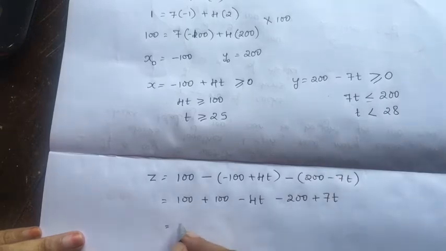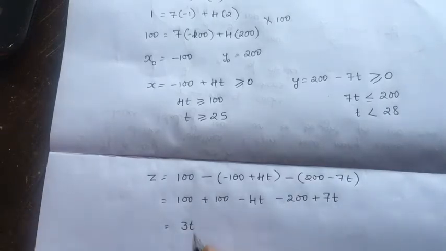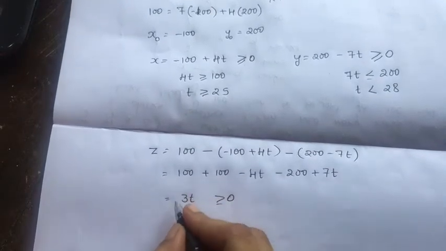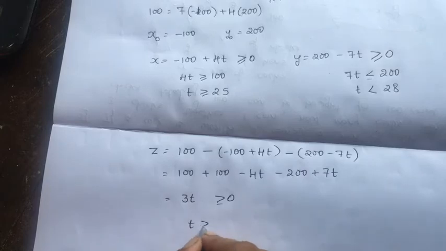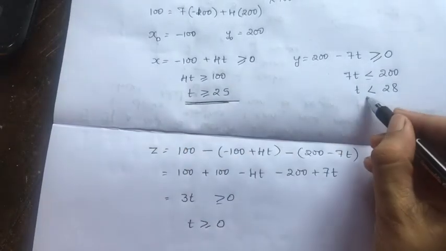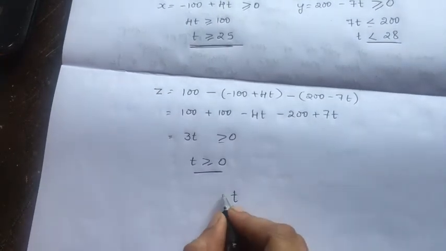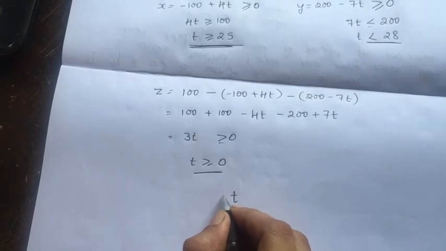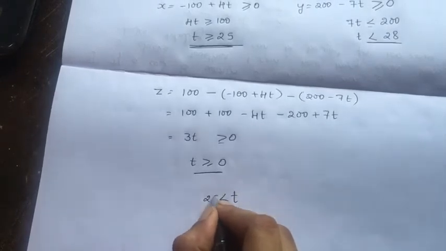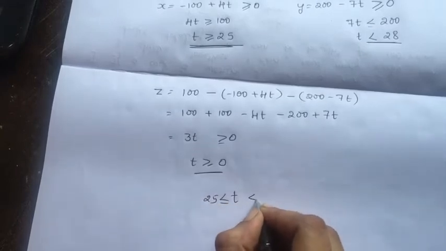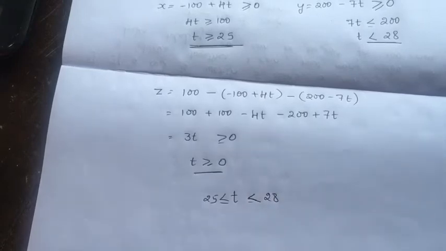So that z is 3t. Now again this should be greater than or equal to 0. So this is possible if t is greater than or equal to 0. So I have got 3 conditions for t now. So t must lie in between; I can write it as t should be greater than or equal to 25, and it should be less than, in fact, 28.